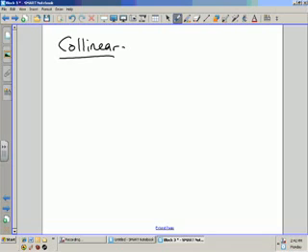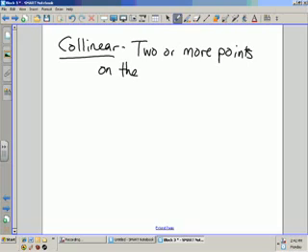Collinear, 2 or more points on the same line. So if I have points A, B, and C, they appear to be collinear.